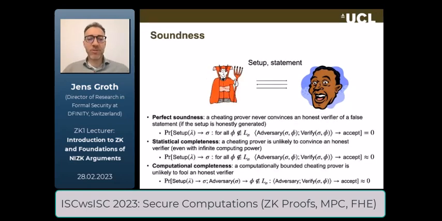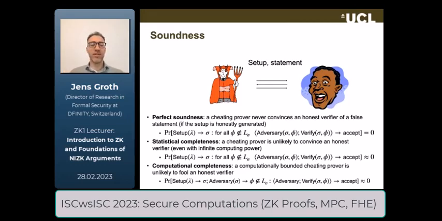Okay, so let's move on to soundness. Here we're trying to protect the verifier. So we imagine there's a cheating prover that tries to convince the verifier some false statement is true. And again, you could ask for perfect soundness, which would say that a cheating prover could never convince an honest verifier of a false statement, again assuming that the setup is honestly generated.